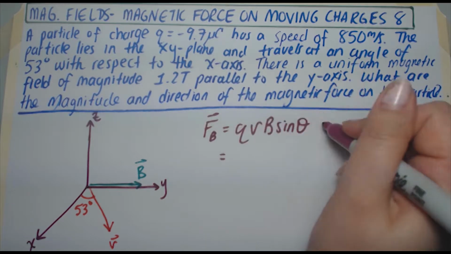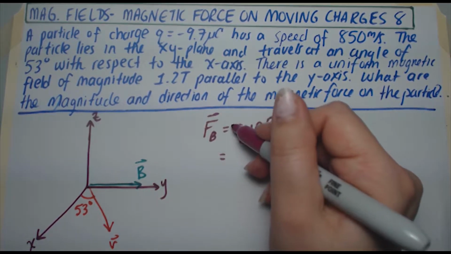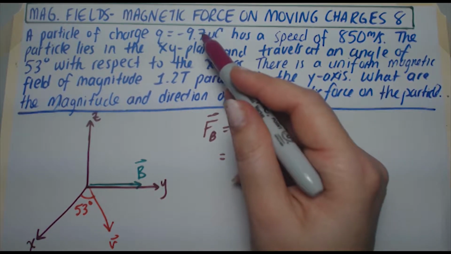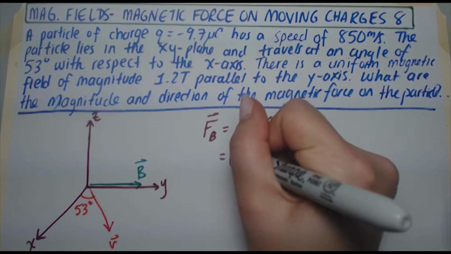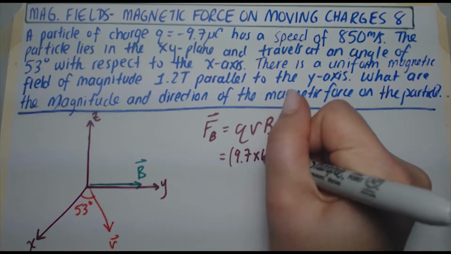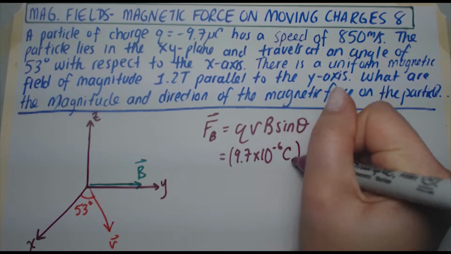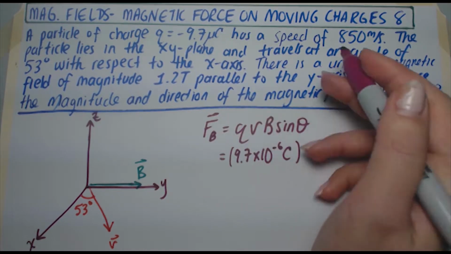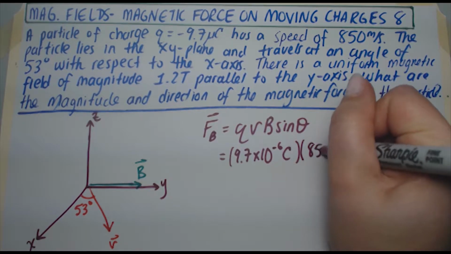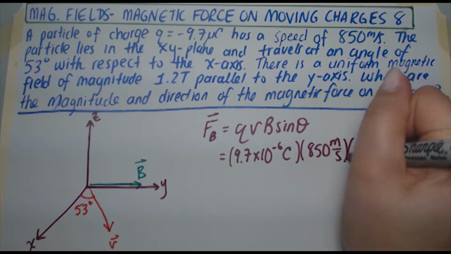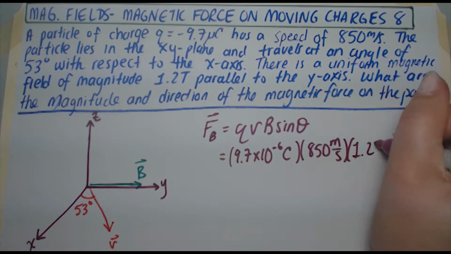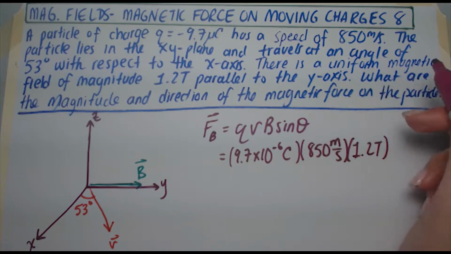You don't put the negative in this formula because you don't want to get a negative force out. You will figure out the direction yourself using the right-hand rule. So for here, just put the magnitude: 9.7 times 10 to the minus 6 coulombs, because micro means times 10 to the minus 6. V is 850 meters per second. B, 1.2 Tesla. And my angle, sine of theta.